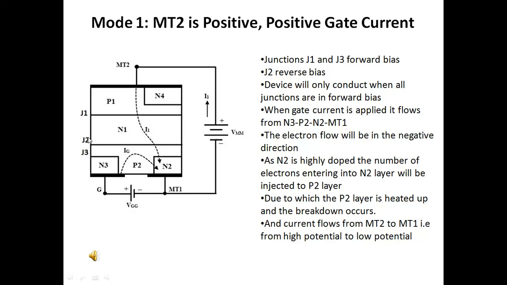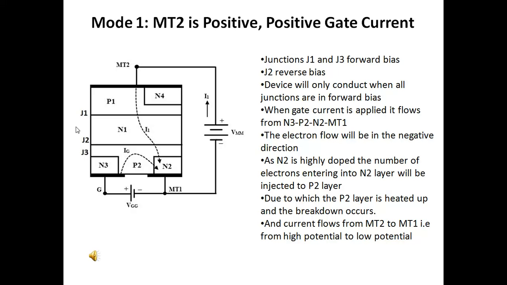The device will only conduct when all the junctions are in forward bias. The main condition for the device to conduct is that all the junctions should be in forward bias. At that time only the device will be in conduction mode.